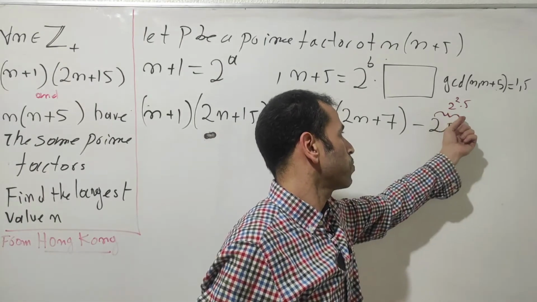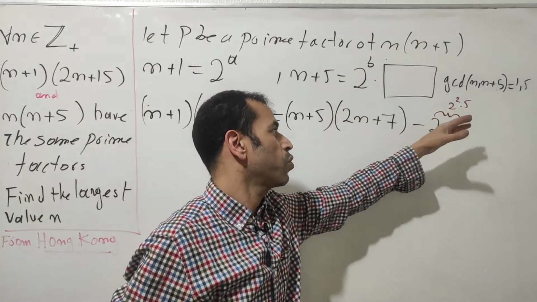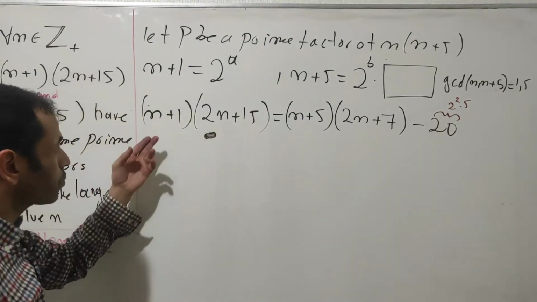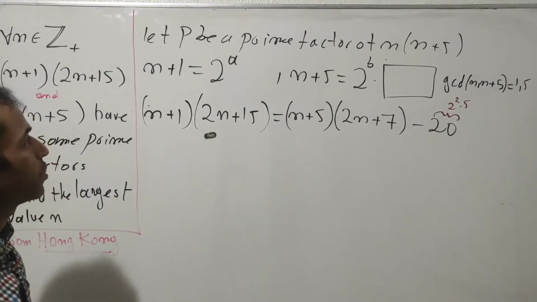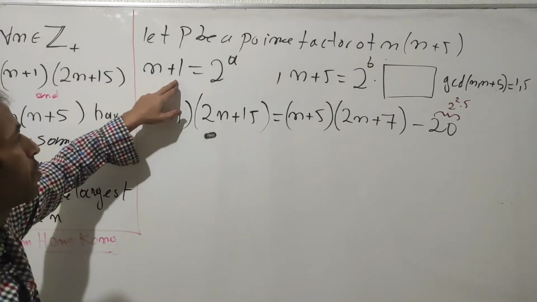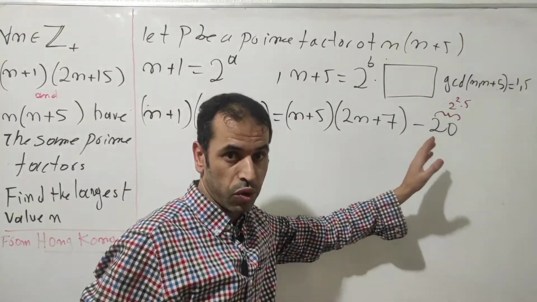The prime factors of 20 are 2 and 5, so we have only 2 primes. What to do here? We are going to skip number 2 and go directly to number 5, because we already determined n plus 1 equals a power of 2, as well as this one. We don't need number 2 here, we need number 5.